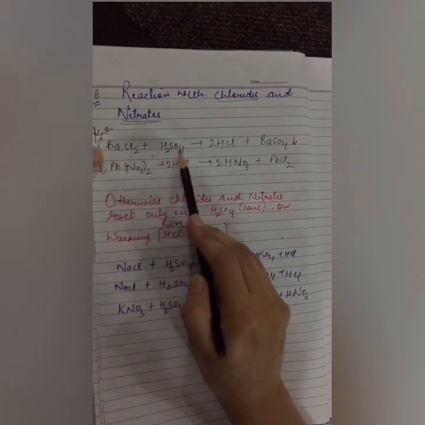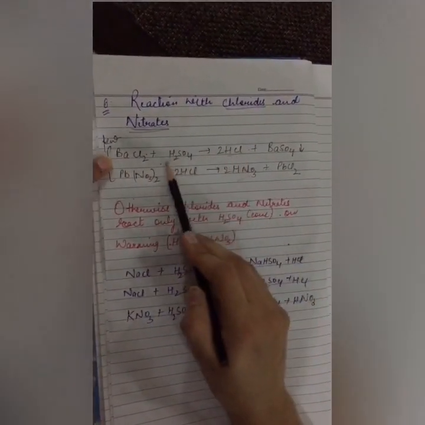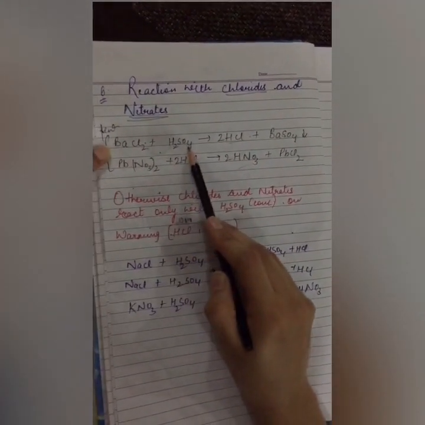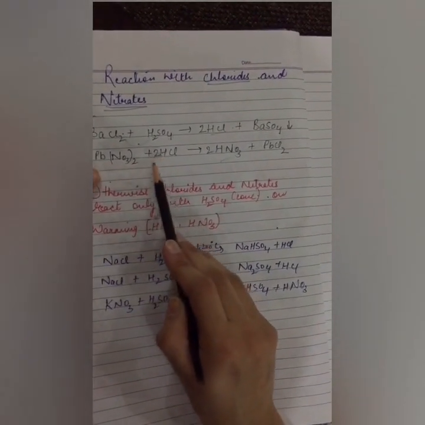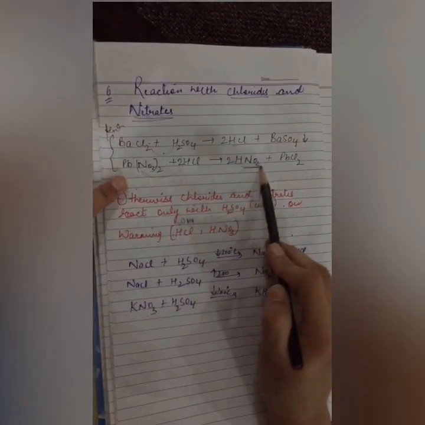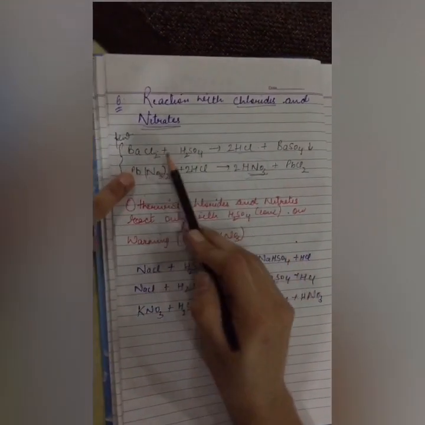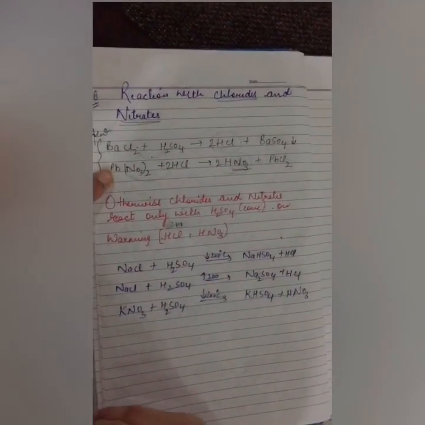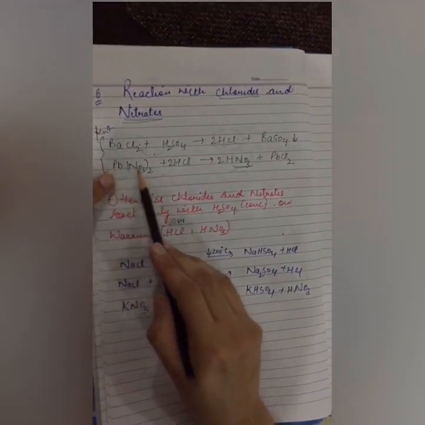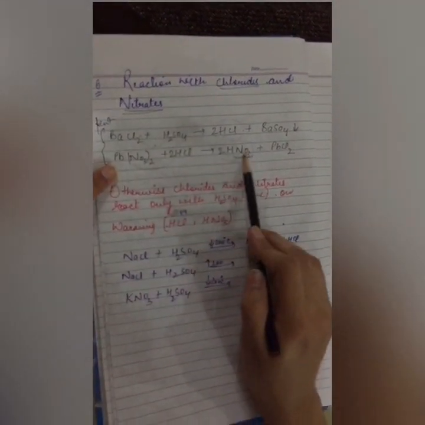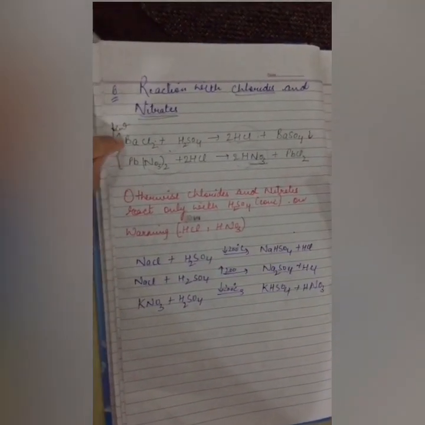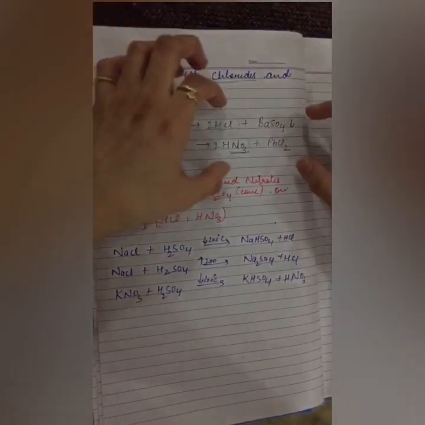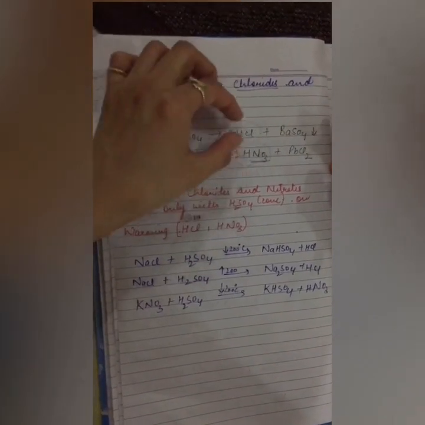BaCl2 plus H2SO4 directly gives HCl plus BaSO4. Similarly, lead nitrate will form nitric acid, HNO3, plus PbSO4, and chlorides will form hydrochloric acid. Only a few like Ba and Pb salts will give acids, nitric acid and HCl, like this.